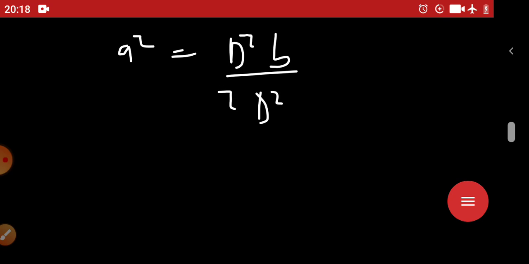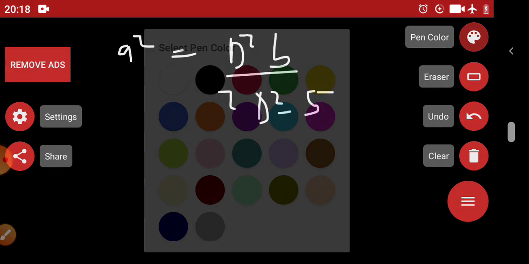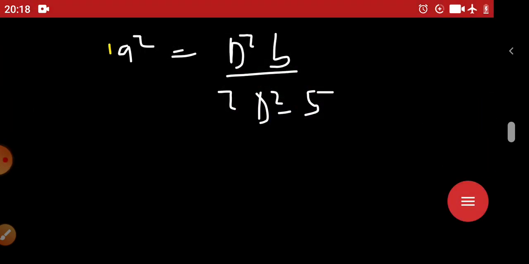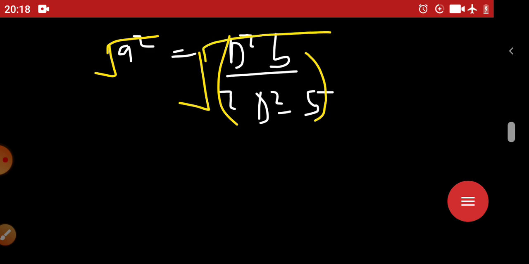So we've worked out that a squared is equal to d squared b over 2d squared minus 5. Our next step will be to take the square root, to remove the power 2. We need to take the square root of both sides, and it should be the square root of everything here.